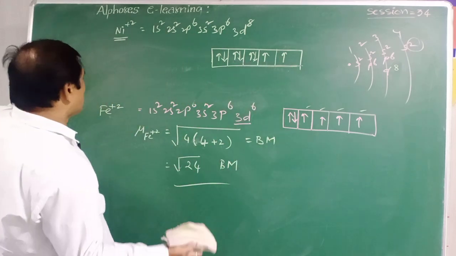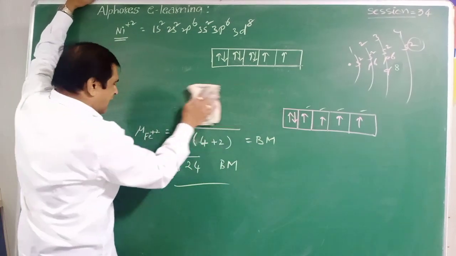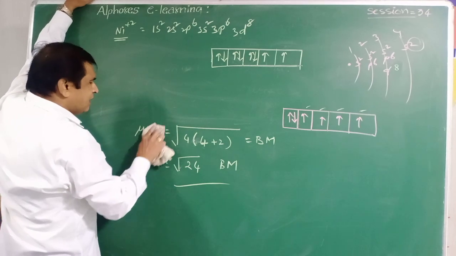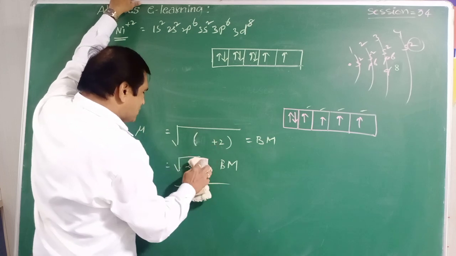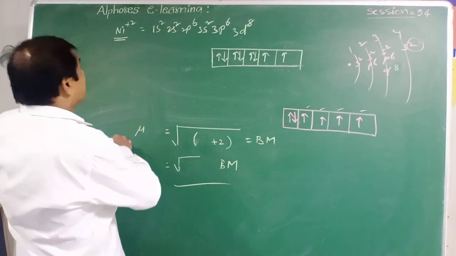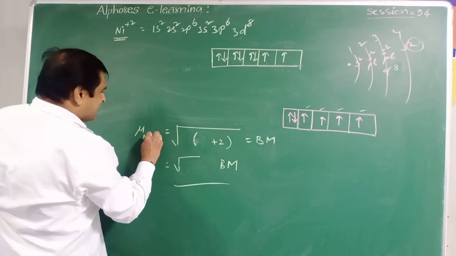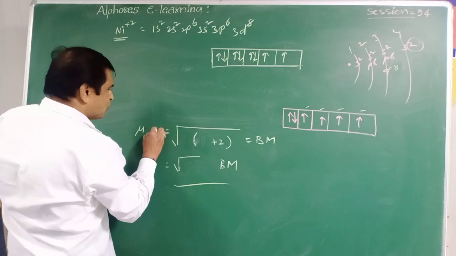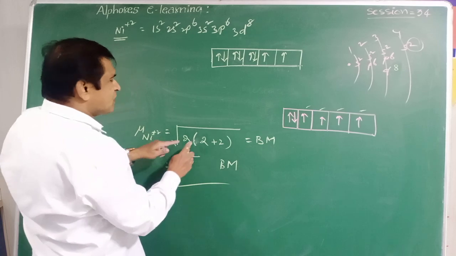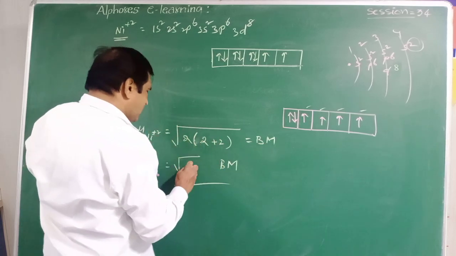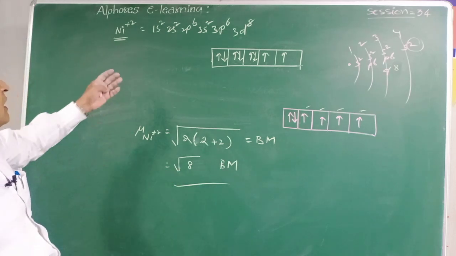So the nickel plus 2 ion has 2 unpaired electrons. The magnetic moment is root of 2 into 2 plus 2, that is 2 into 4, root 8 BM. That is the magnetic moment of the nickel plus 2 ion.